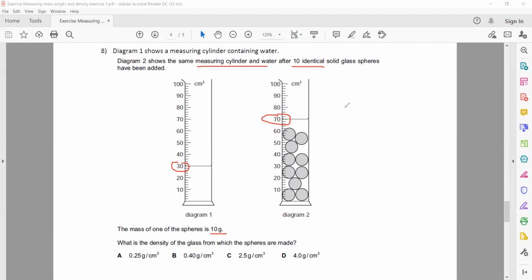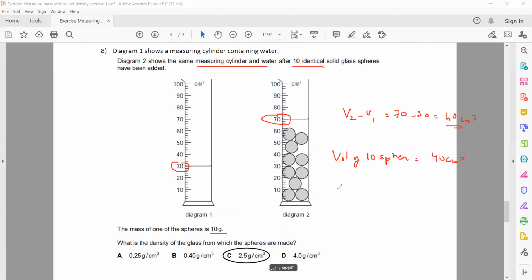How to work out the density? When we subtract the two volumes, V2 minus V1, that will be 70 minus 30, which makes 40 centimeter cube. But this 40 centimeter cube is the volume of 10 spheres. So volume of 10 spheres is equal to 40 cm cube.